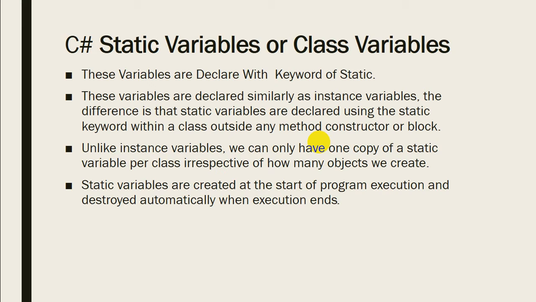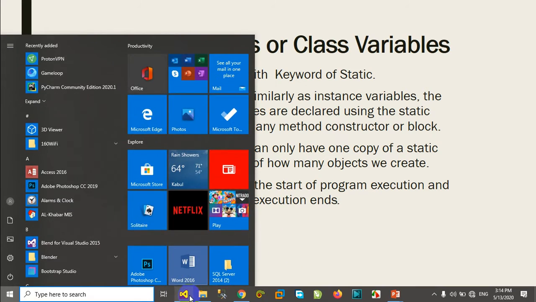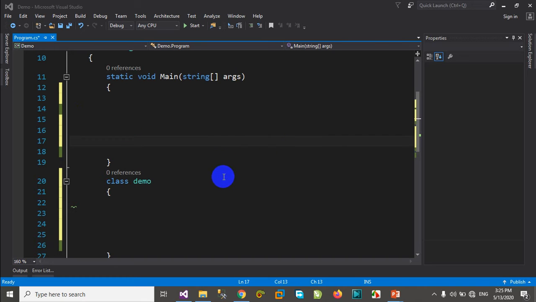So let's see how we can create a static variable, and how we can access it. Let's come to Visual Studio. Here we have a demo class, and inside it we will create a static variable.